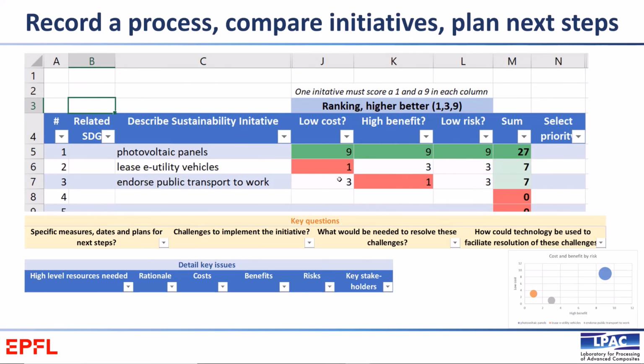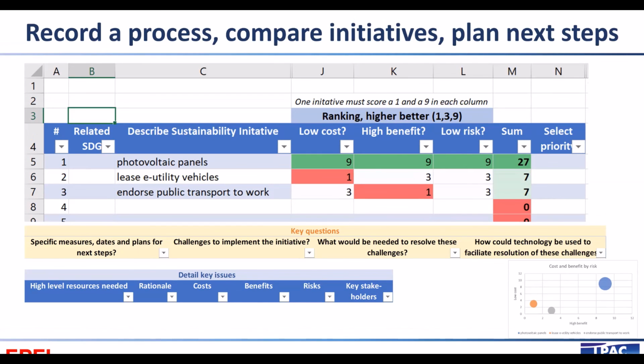And then you can start to give some measures and some dates. What are the challenges? What will be needed to resolve the challenge? And how could technology help? And then you can grade it, give it different numbers, and it's just a way of recording your thought process. But what I'd like you to do is to put this in your presentation and your report.